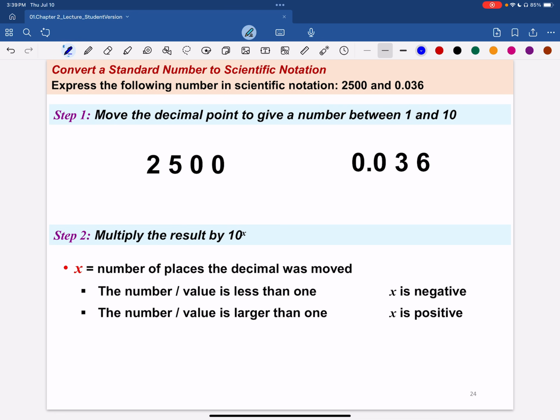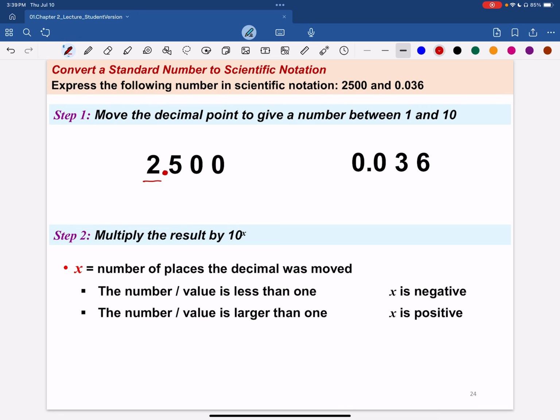So for 2500, first put the decimal point after the first non-zero digit. 2 is your first non-zero digit, so I will put the decimal point after 2.